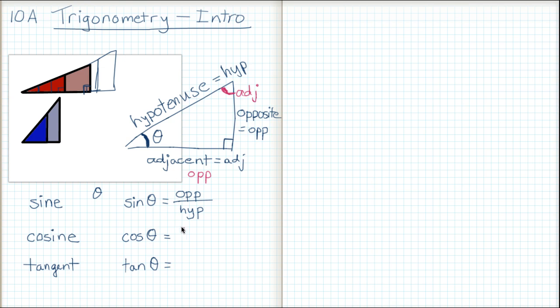Cosine is always the adjacent side divided by the hypotenuse. So for this angle, that would be this one over the hypotenuse. And for tangent, it's always the opposite over the adjacent.